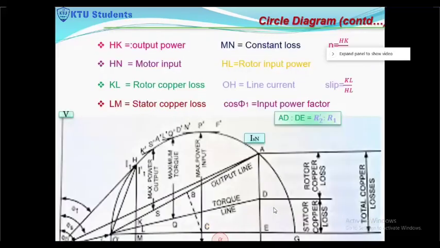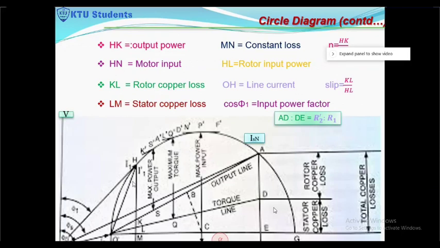The torque line means, as you can see, this is the total loss, associated with A, D, E and F. You will get the full power input under the normal voltage condition. If you divide this AE into R2 dash is to R1, you will get the different losses associated with it.